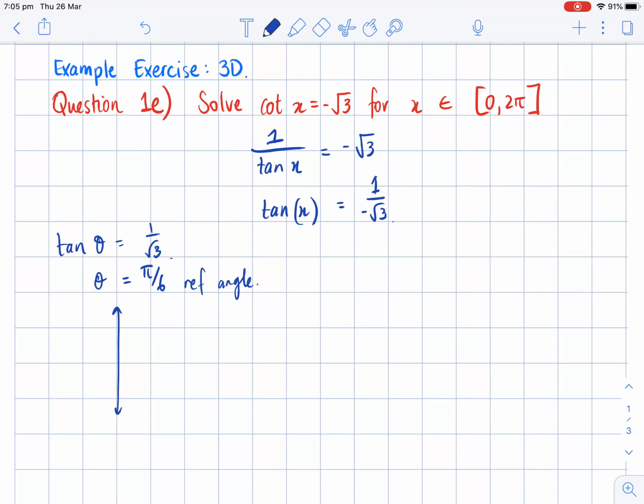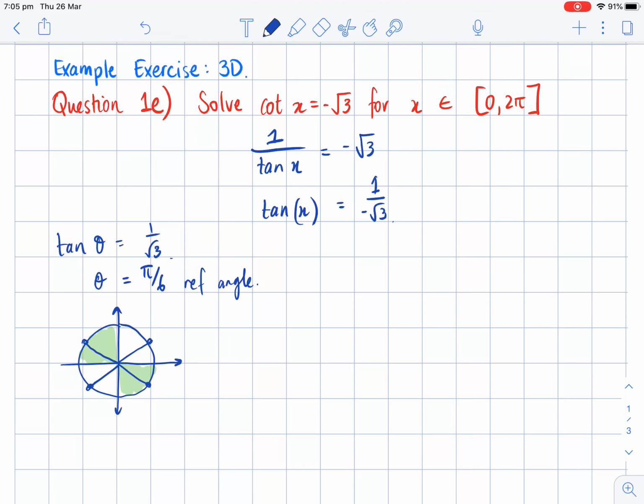And what I've encouraged you to do previously is to draw the unit circle and say, okay, pi on 6 is down here. By symmetry, there's another point here, here, and here. And the two quadrants where tan is negative are in here and in here.